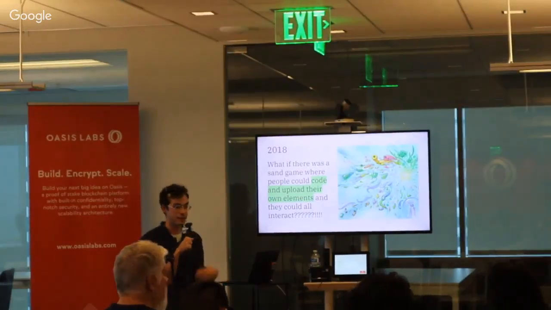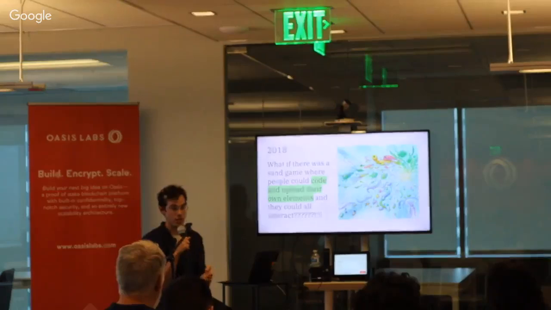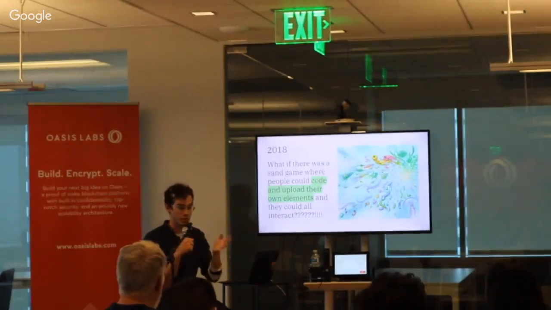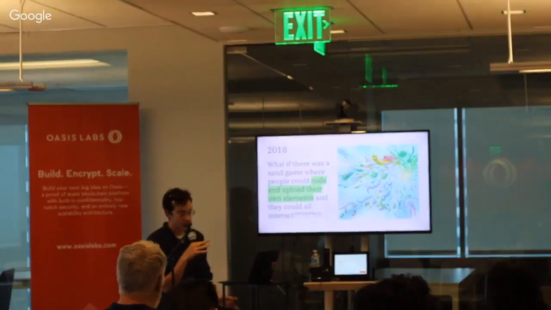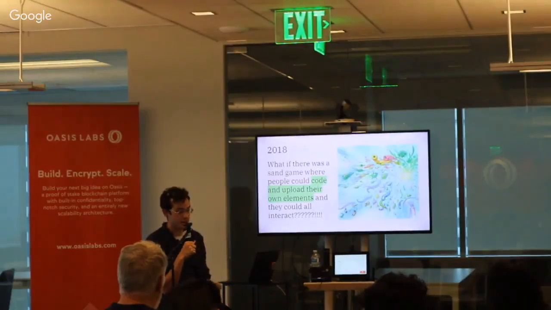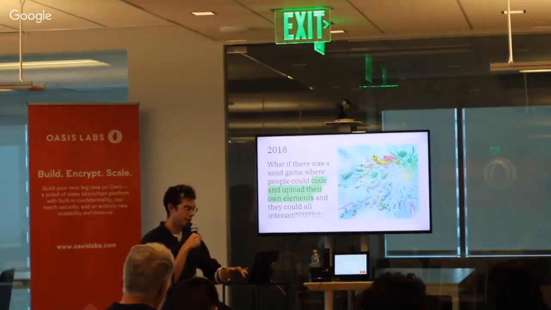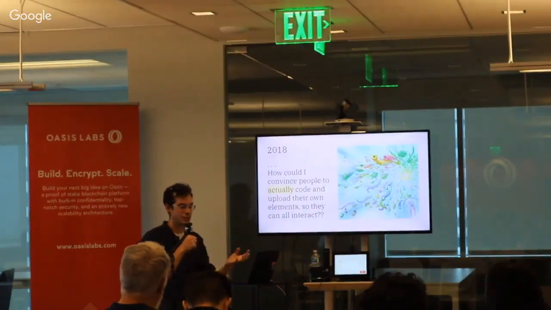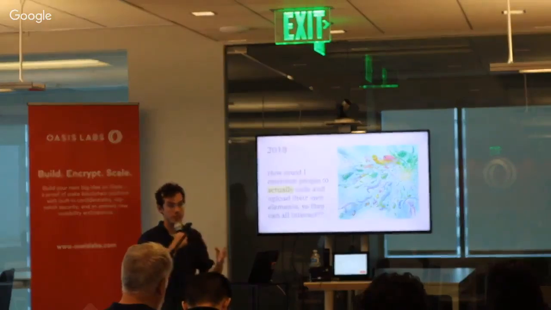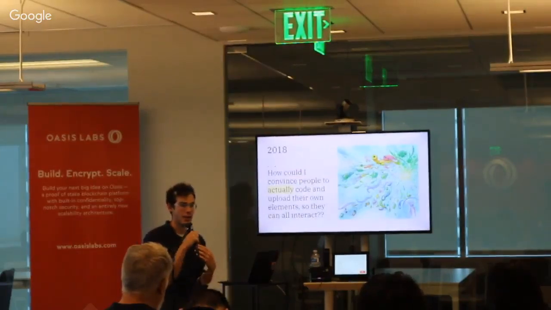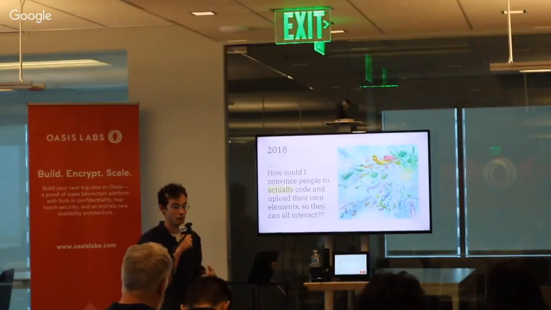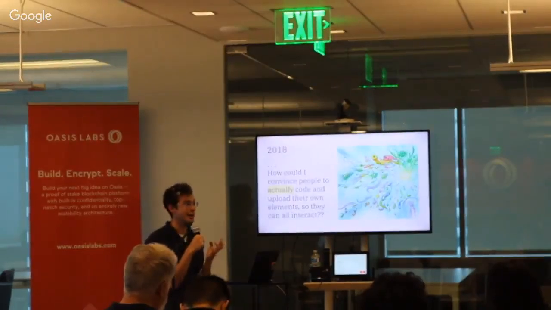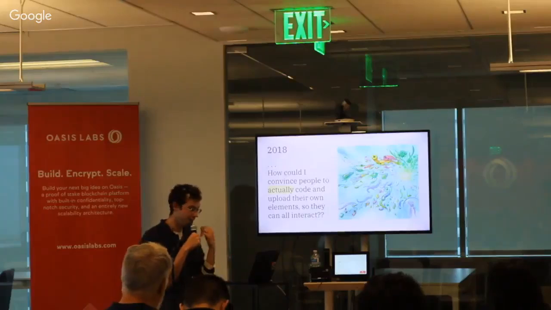And all these elements could be defined in code, running in one environment and shared with one another. I got really excited about this idea, and I started to break down what it would take to build it. Especially, I was thinking about what would need to be easy for someone to accessibly program against an interface and build their elements, and how would they be able to be secure, so that it's always in one environment and it's not cross-site scripting or whatever.